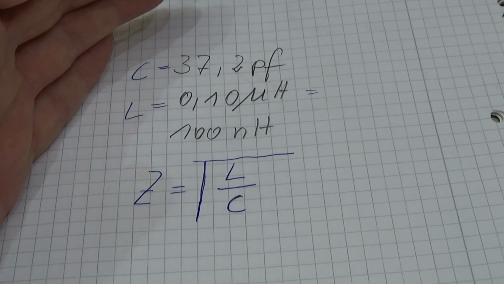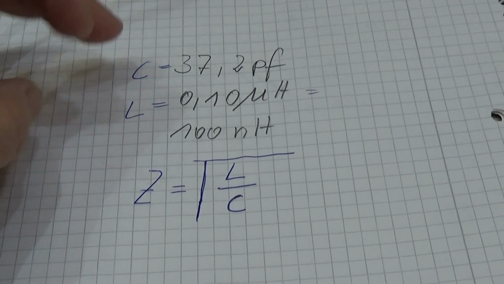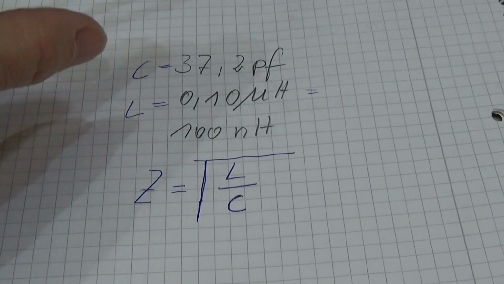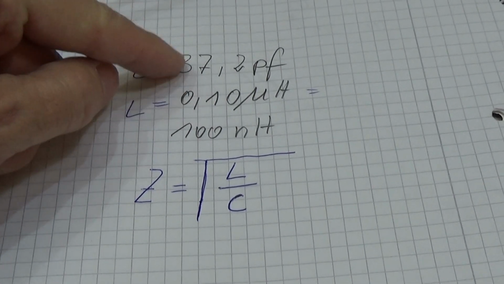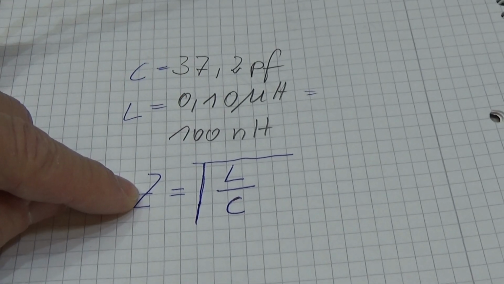Just measuring our C and our L, are we able to determine our Z with these two figures? Is that really possible?